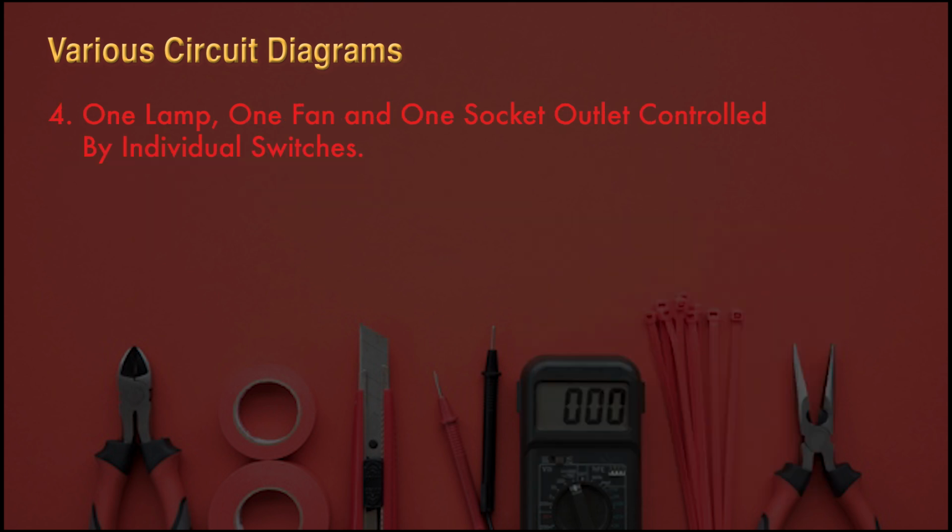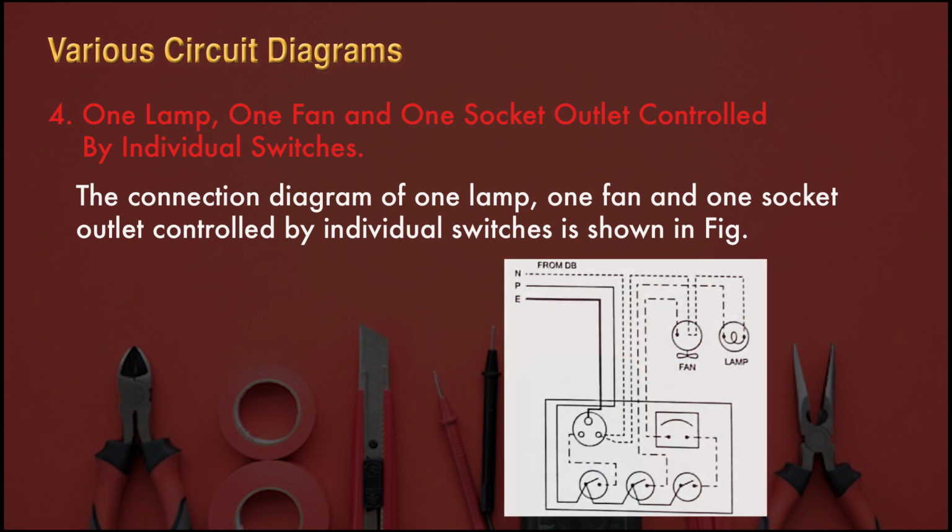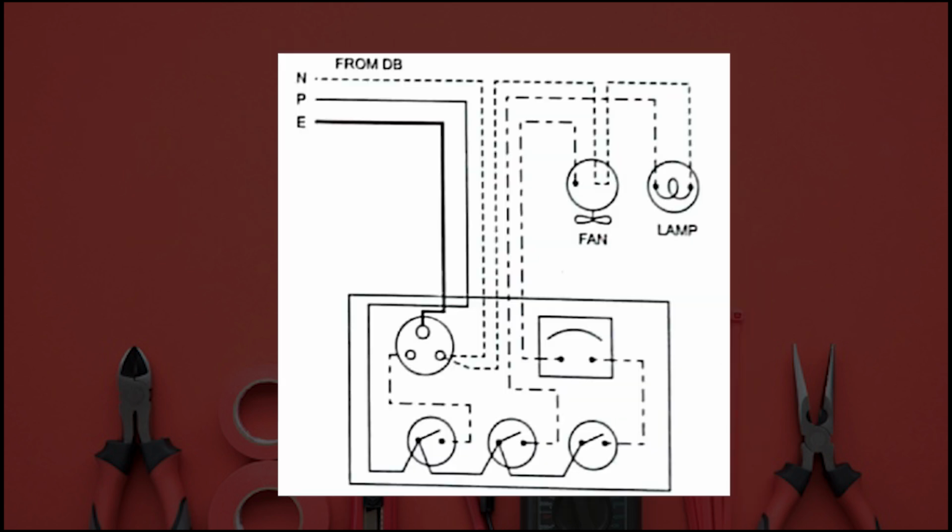Next we are going to discuss 1 lamp, 1 fan and 1 socket outlet controlled by individual switches. The connection diagram of 1 lamp, 1 fan and 1 socket outlet controlled by individual switches is shown in the figure. So here you can see that we are controlling 1 fan, 1 lamp, and also 1 socket.